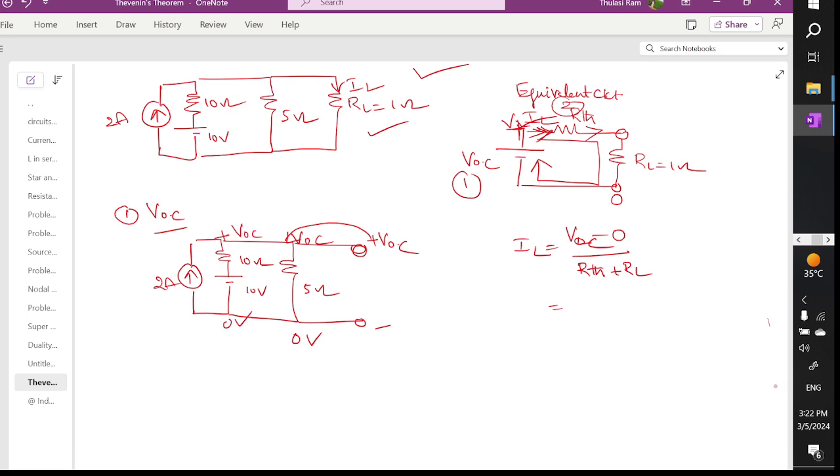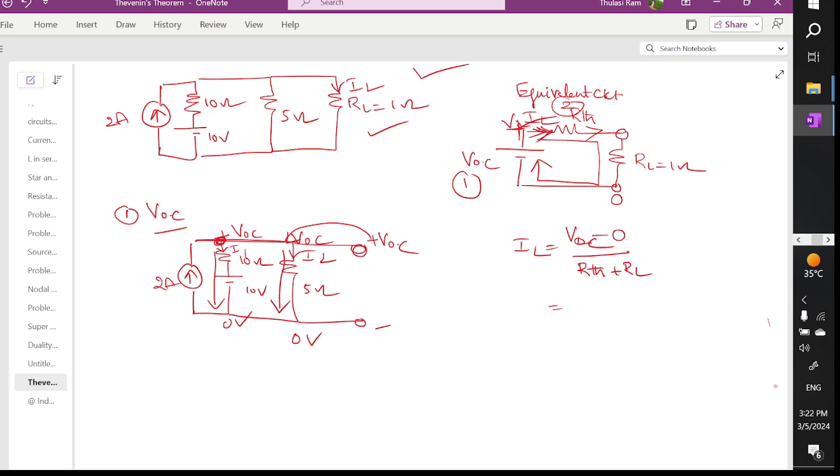Now we want to find VOC. You can see here I am going to apply nodal analysis at this point. In this nodal analysis, one entering current is there. I am assuming one leaving current in this branch, and next this is also one leaving current which flows in this direction.